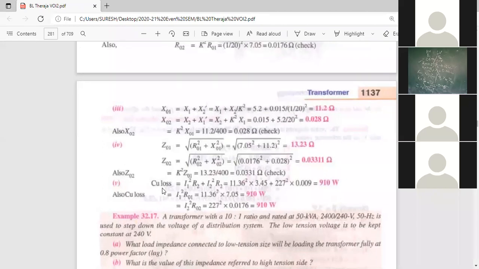The formula for copper loss in the primary winding is I1 square into R1. In the secondary winding, the copper loss is I2 square R2. In both the windings, the total copper loss is P1 plus P2, where P1 is I1 square R1 and P2 is I2 square R2. So we calculate the individual windings and then add both.